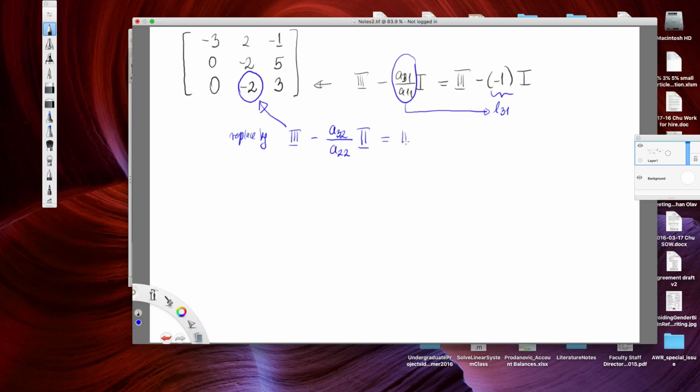So in this case it is 3 minus 2 over minus 2, so it's just 3 minus 2. And the coefficient that I'm remembering, L32, is equal to 1.